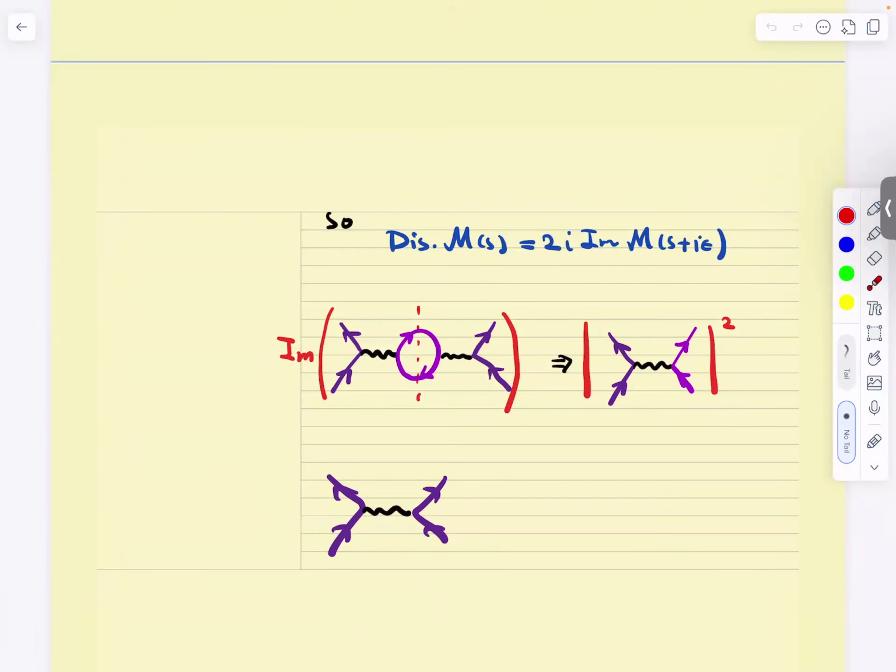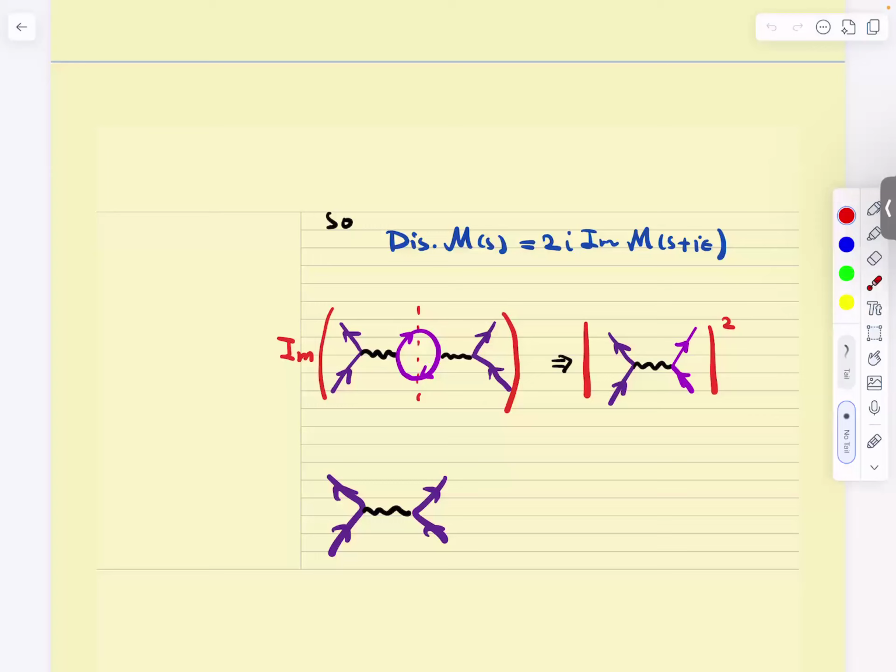The discontinuity, which is twice the imaginary part of M, we can draw diagrammatically this way. Let me draw it. So here I'm writing it as if it's P and K. It's the imaginary part of this.